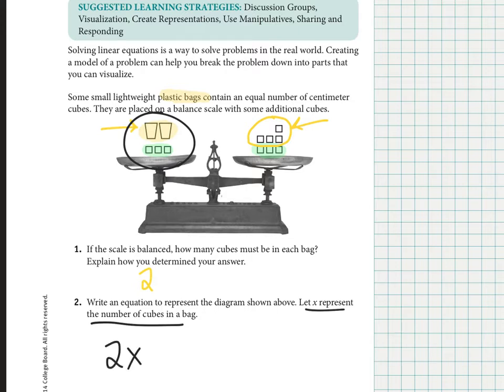Let's pretend we don't know how many cubes are in a bag, plus the 3 cubes down here must equal the number of cubes on the other side, and as a total there are 7 over there. So we really just solved that equation when we got the answer up here, and we didn't even know we were solving an algebraic equation. We were just doing it with a model.